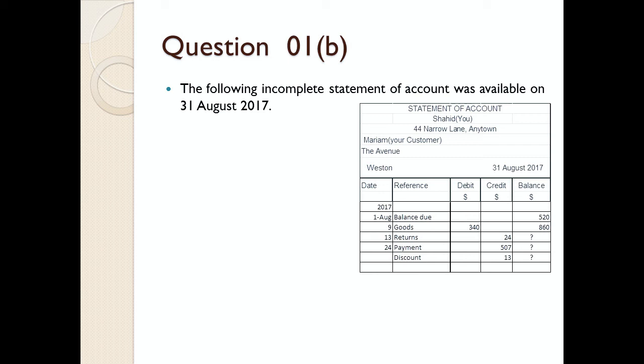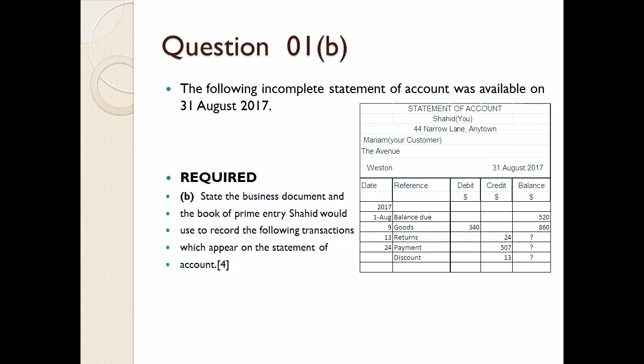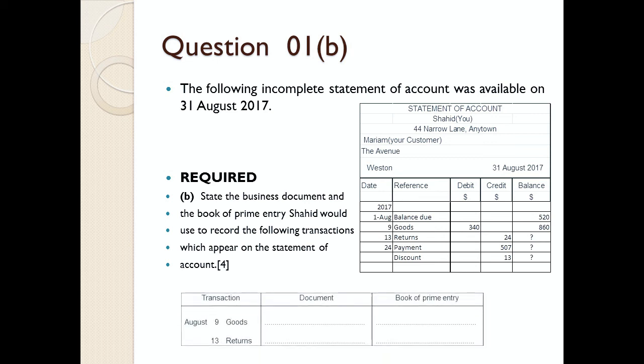On the credit side you can see that 24 he has returned to you, and he has made 507 payment to you, along with the discount allowed by you. So what is the requirement? State the business documents and the primary books of Shahid. You have to fill this table, boys.